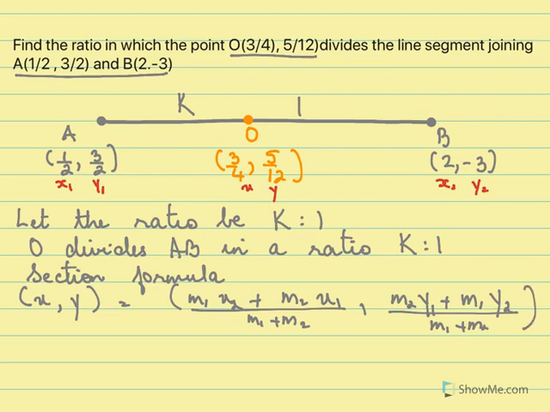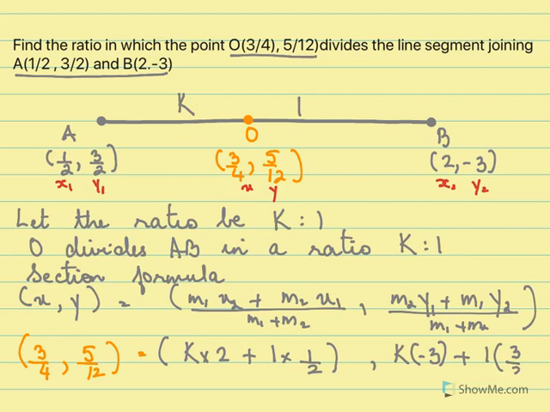Now the coordinates of O are (3/4, 5/12) equal to, here we have (k into 2 + 1 into 1/2), and the other coordinate will be (k into -3 + 1 into 3/2).